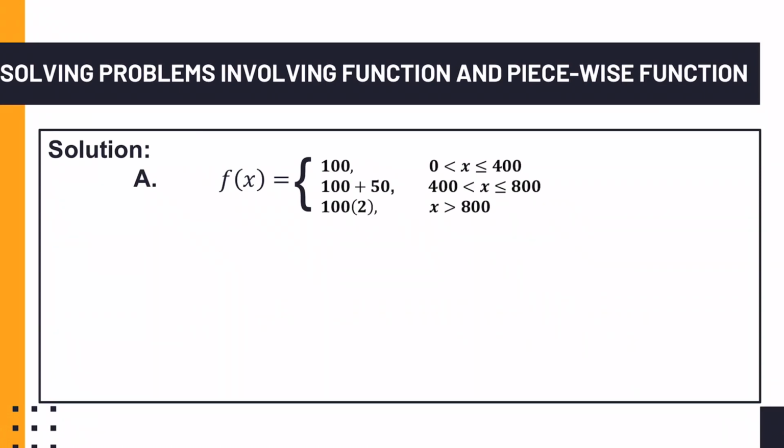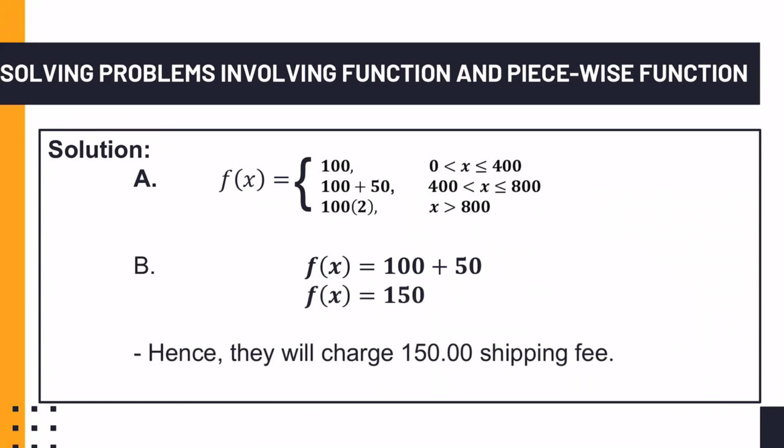Therefore, we will be using sub-function 2, which is f of x is equal to 100 plus 50. So, simplify, f of x is equal to 100 plus 50, that is 150. Therefore, they will charge 150 pesos for shipping fee for the total amount of orders, which is 500 pesos.